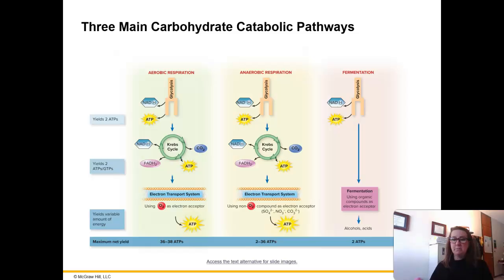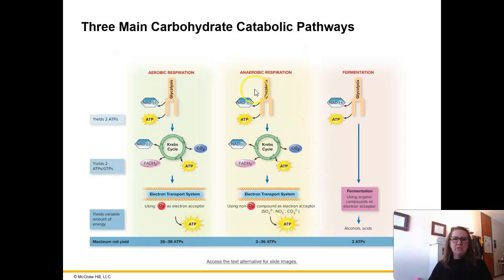The one in the middle, anaerobic, usually has the presence of some amount of oxygen, but the thing is they're going to end up making different products. We didn't look at this with the first one, but I want you to look at this with the second one. They are using a non-oxygen compound as the last electron acceptor.